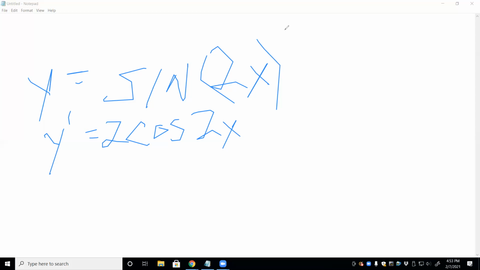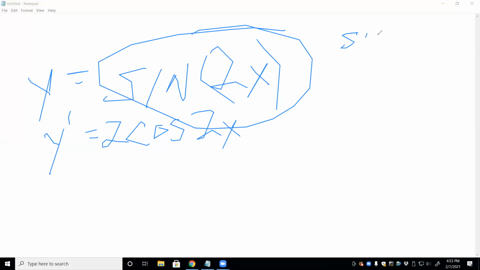This is a composite function, a combination of sine x and y equal to x. So whenever you have a composite function, you're going to apply the chain rule. The derivative of the outside times the derivative of the inside. Just always remember that, and you'll get it down pretty quick.